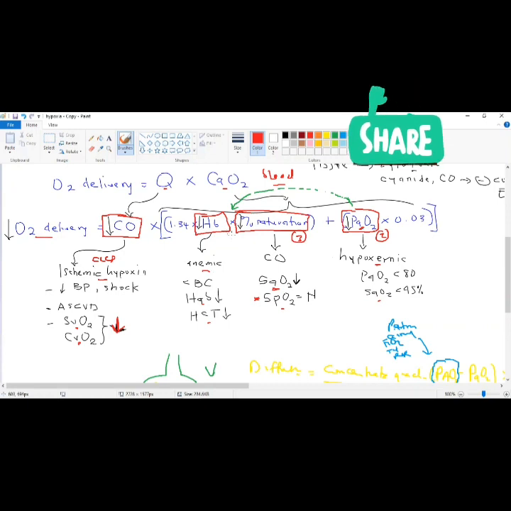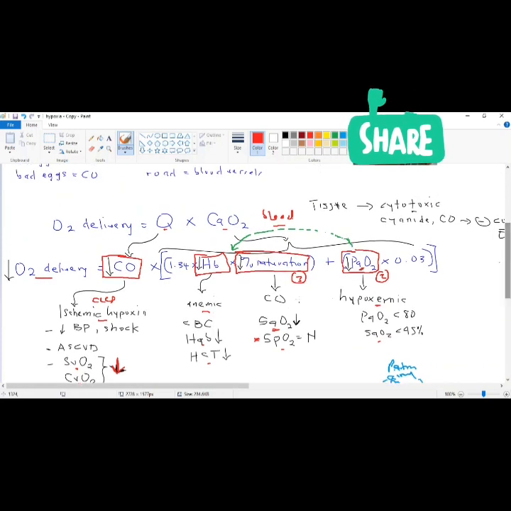This is where the kidney comes in: erythropoietin goes up, hemoglobin goes up, to compensate for low PO2 or low saturation. So I can predict the cause, and I can also predict the compensation expected based on where the pathology is.